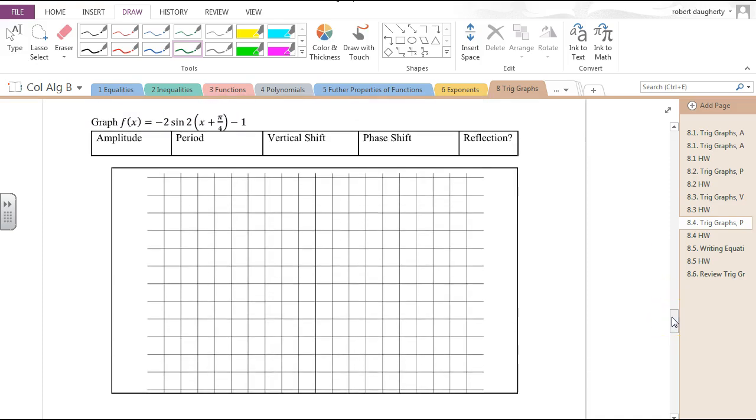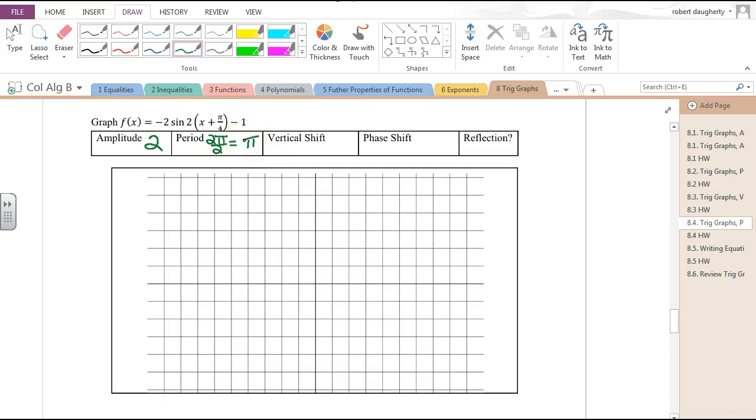So we got several things going on in this one. Okay. What is the amplitude? Amplitude is 2. What is the period? It is 2 pi divided by what? 2 pi divided by 2, which is pi. Vertical shift.